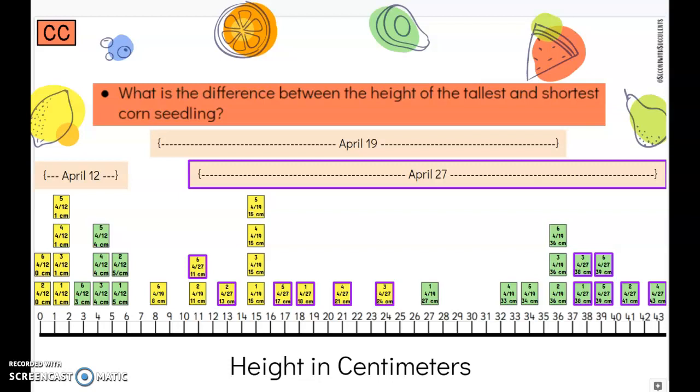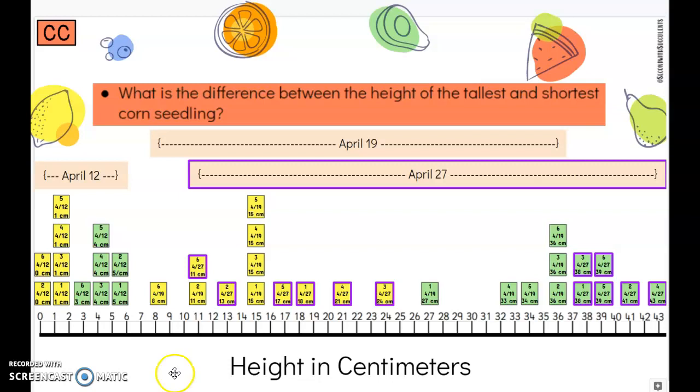That's good thinking. Our shortest corn seedling is 11 centimeters. The tallest is 24. You could have thought of this as a number line and counted up from 11 to 24. You also could have found that difference in a different way. Maybe you figured it out in your head.